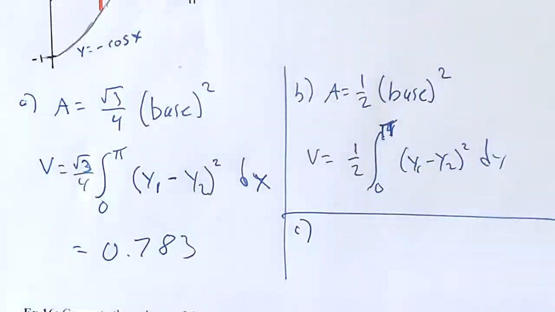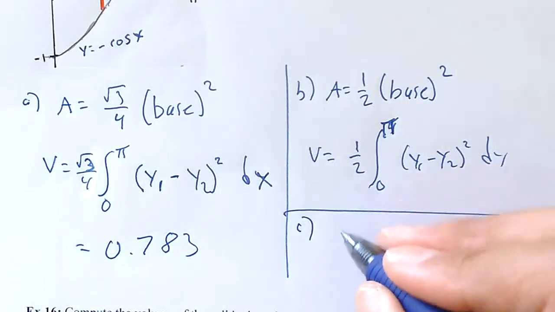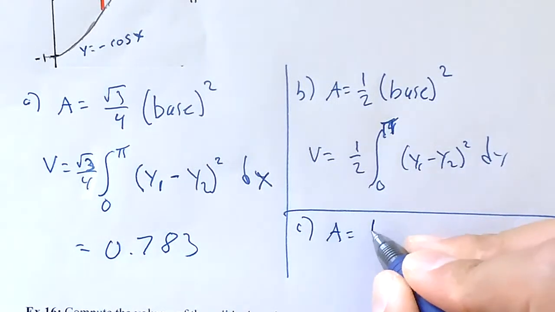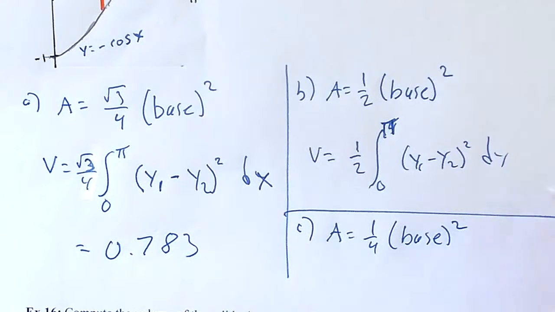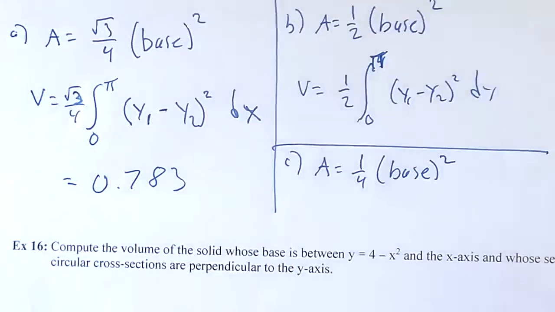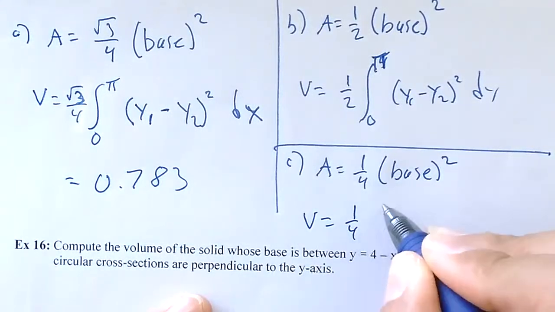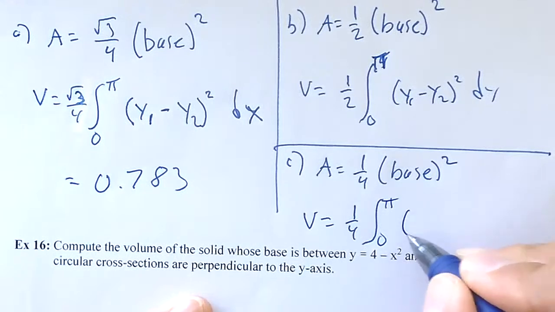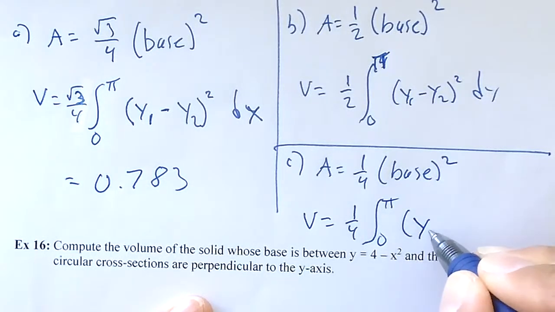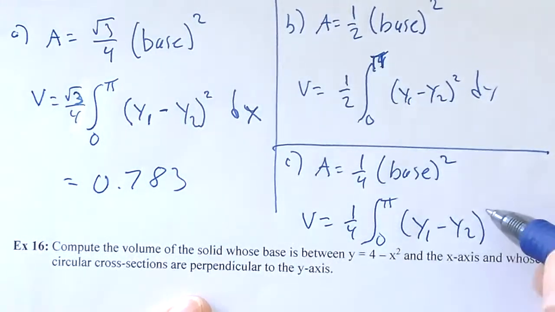Part C is an isosceles right triangle with the hypotenuse down. The formula is 1/4 times the base squared. And so the difference now is that you have a 1/4 in front of the integral from 0 to pi, and the bases that I need to subtract and square.